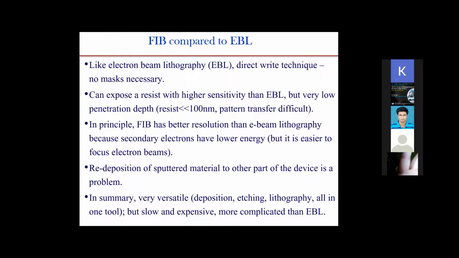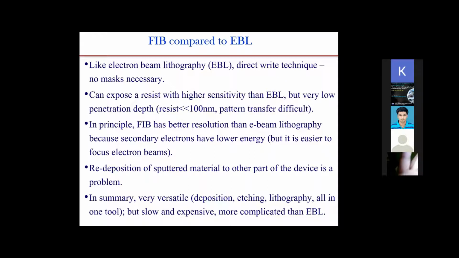Whenever it is digging the material, some of the material may get redeposited around it. So there may be a hump at the boundary. That type of problem may occur. A very good expert can avoid this redeposition. Otherwise, if you go for highly deep machining, then the redeposition problem will be more.